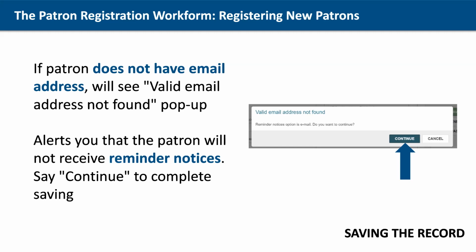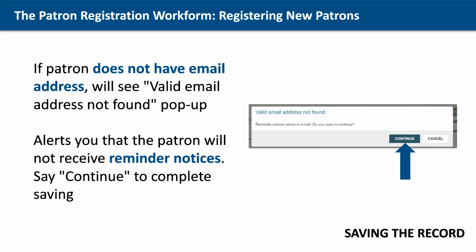And as we said earlier, they're issued to any patron with an email address in the record, regardless of notice preference. So this pop-up is a reminder for staff that the patron won't receive the reminder notices because they do not have an email on file in the record.